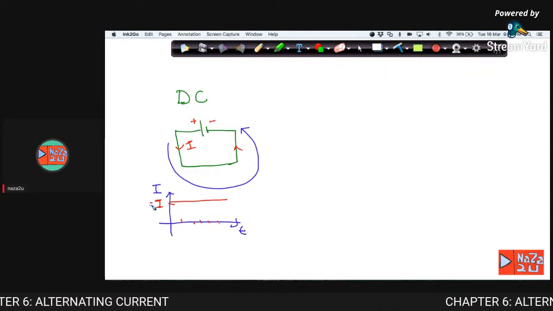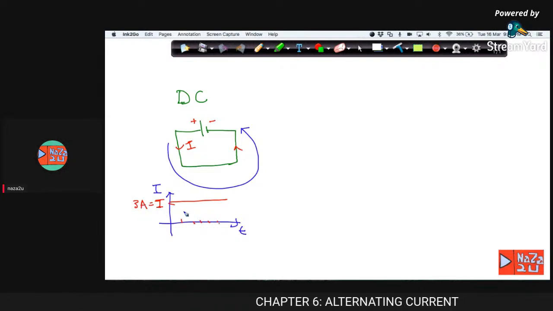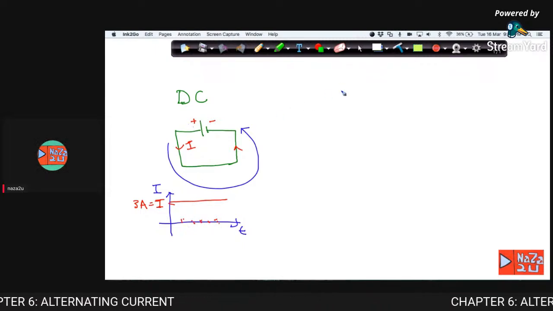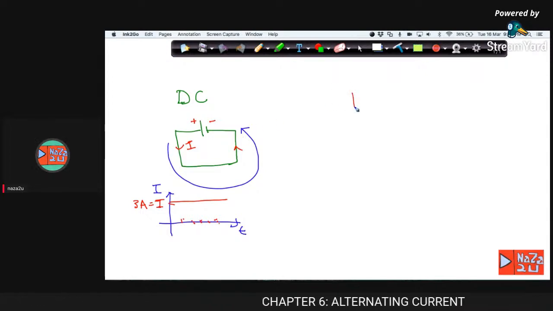Let's say current here is 3 ampere. So setiap masa arusnya adalah tetap, tidak berubah. So this is direct current. So one way direction.